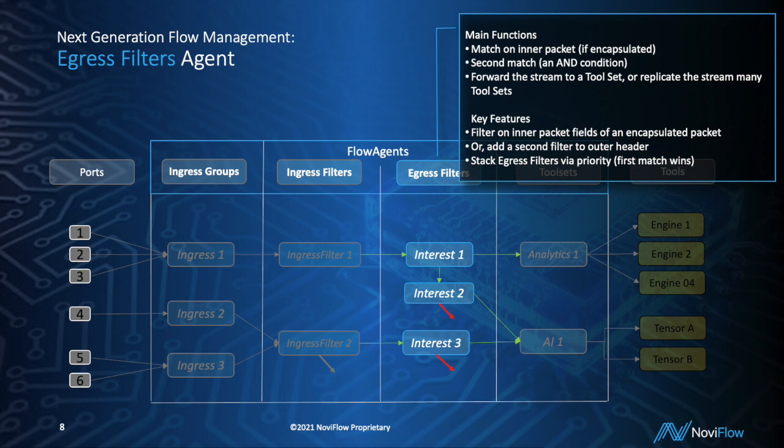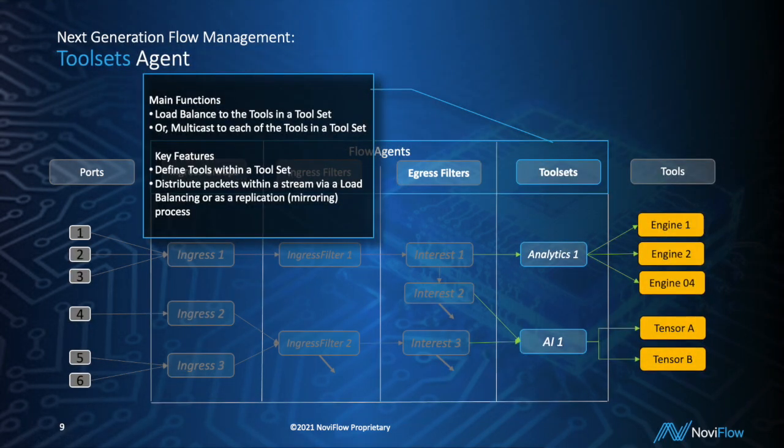If it comes in and matches here, it goes out. This guy never sees it. So you can only match once, and the first time you match, a decision is made of where you're going to go. But when you get in and you get clever, you can do really interesting things here, and we have a cookbook that talks about a bunch of those. And then, of course, the last one, this is just CyberMapper functionality. The packet now shows up at a toolset.